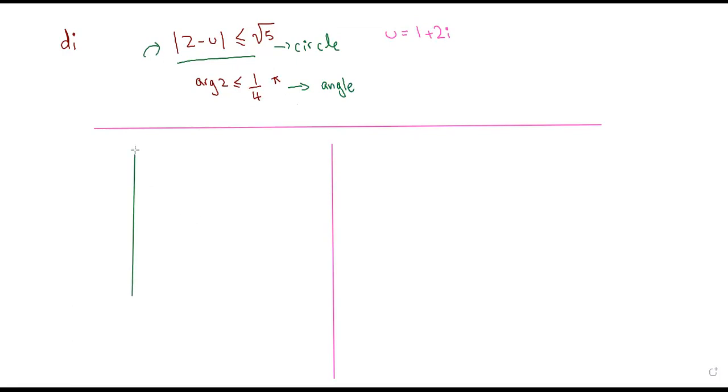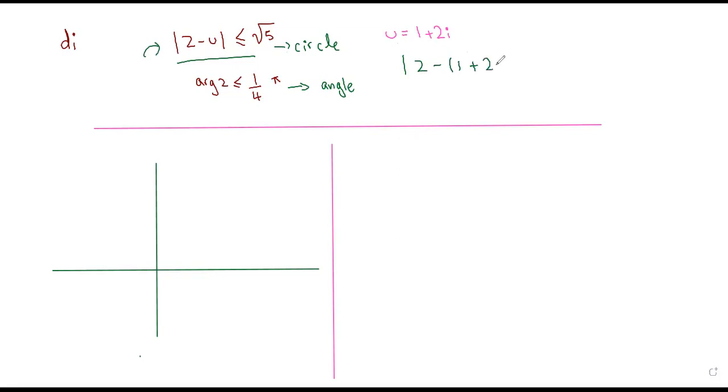Okay, now I am going to make the axis. Oops, sorry. So this is the y-axis and then this is the x-axis. Okay. Now I want to write down the equation of the circle again, |z - (1 + 2i)| ≤ √5.